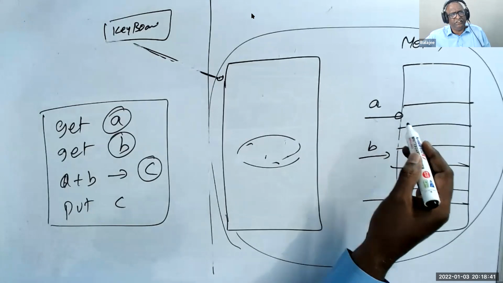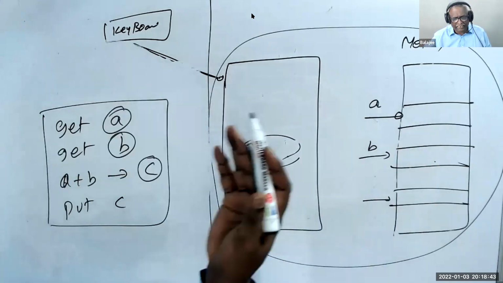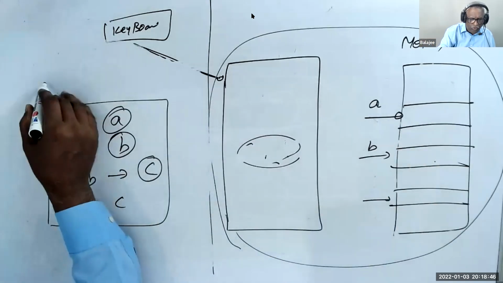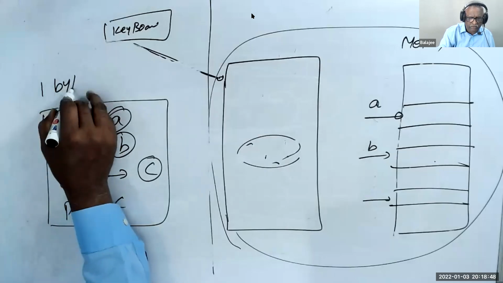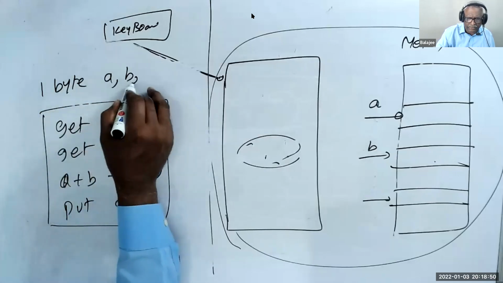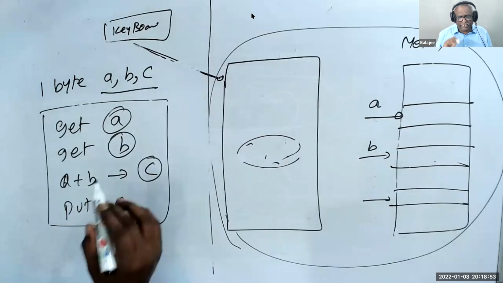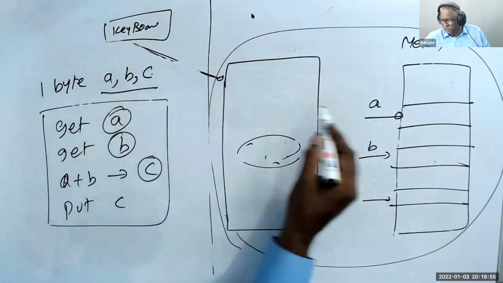I'll tell you the difference between 1 byte, 2 byte, and 4 byte. You have to say now, initially, 1 byte A, comma B, comma C. Then he will understand, oh good, A, B, C, I allocated.